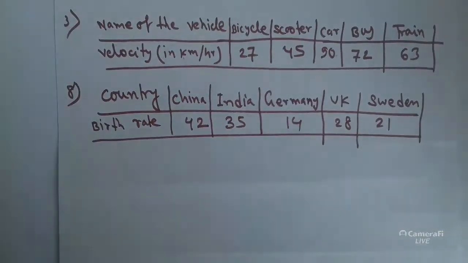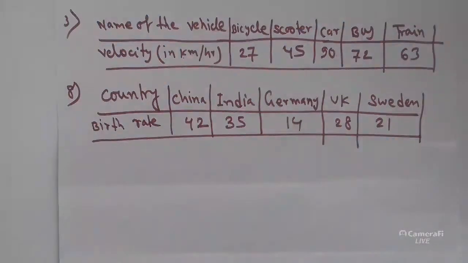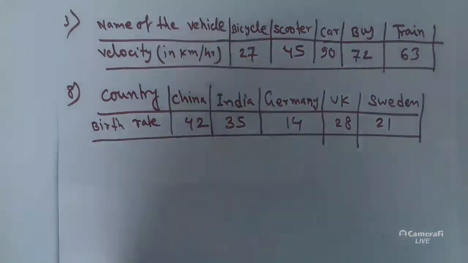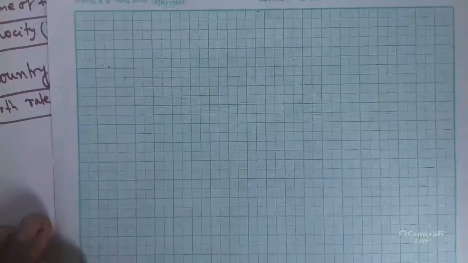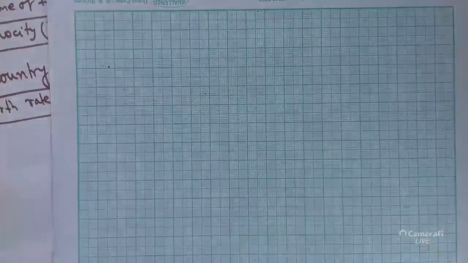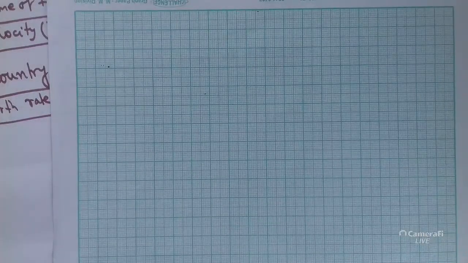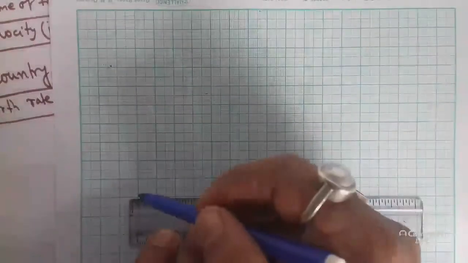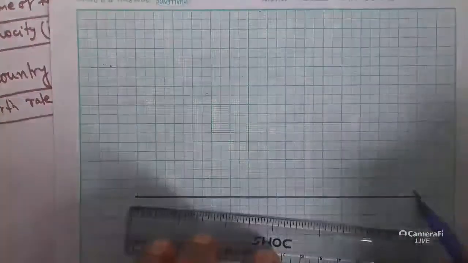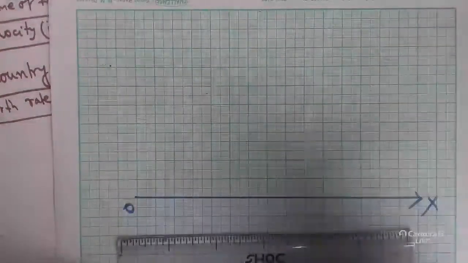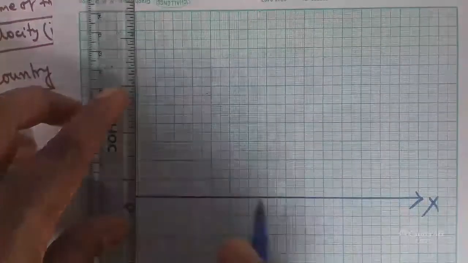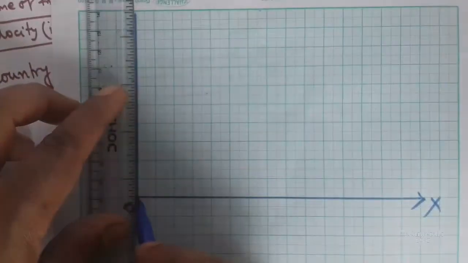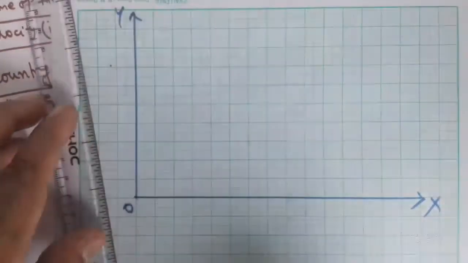Now we have to represent this data on a bar graph. So we have to take one graph for this. At first we have to draw the x-axis and y-axis. This one is OX and this one is OY.